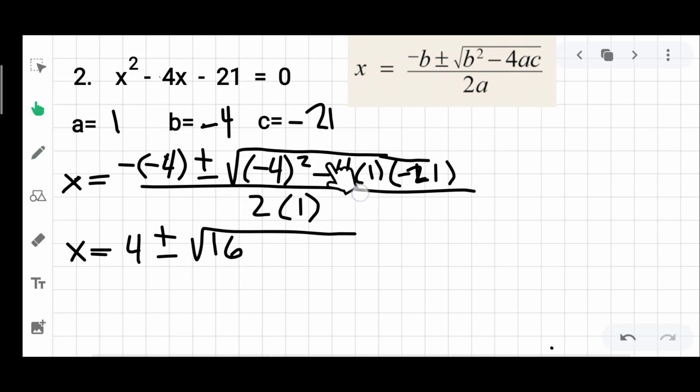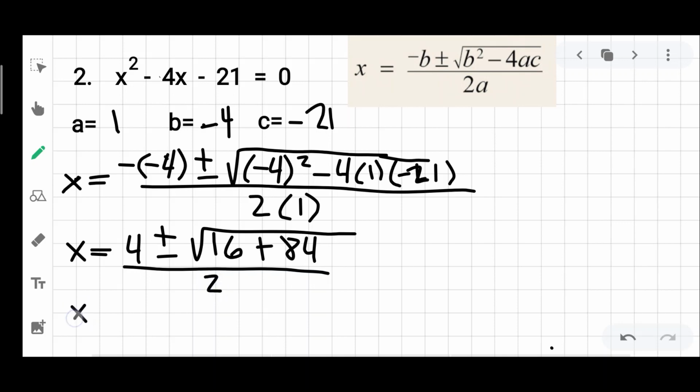So, negative 4 times 1 is negative 4. Negative 4 times negative 21 is positive 84. So, bakit yan naging positive? Kasi pare silang negative. All over 2 times 1 is 2.